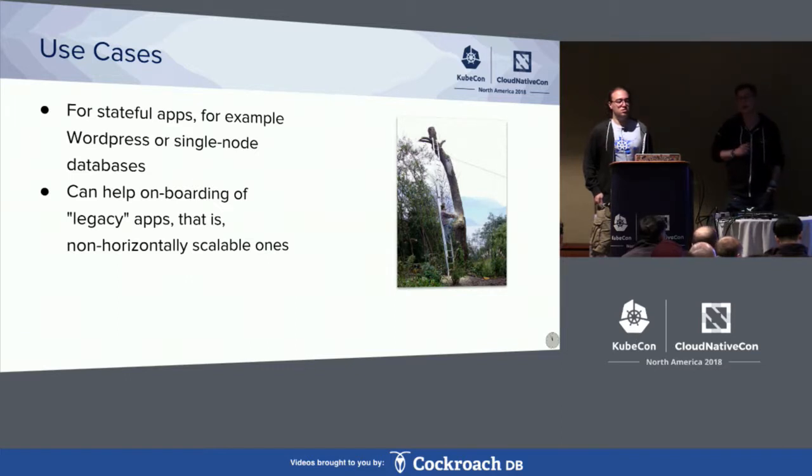To me personally, at the current point in time, with the current implementation, maybe the second bullet point is even more interesting, and that is if you have a legacy app, let's call it that. So you have some monolith that you just want to lift and shift into Kubernetes. You might not have the source code for it, you might not be able to re-architect it, or whatever reasons, you just take an existing binary and you put it into a container. In this case, you simply cannot use a horizontal pod autoscaler because it doesn't make sense to have multiple instances or replicas running.